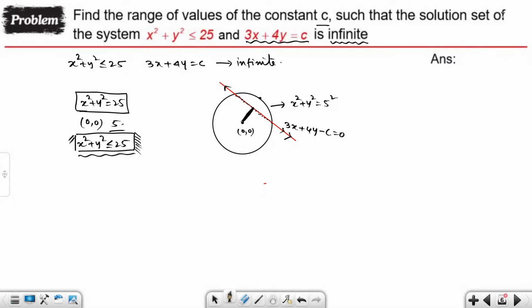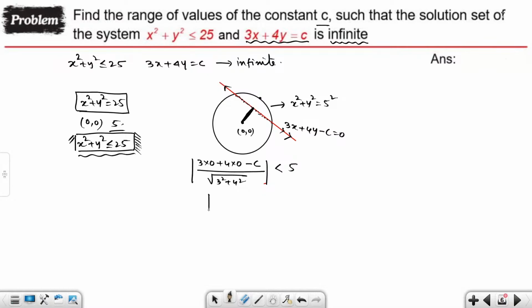So, what is the perpendicular distance drawn from the origin on this line? It will be 3 into 0 plus 4 into 0 minus c divided by root over 3 square plus 4 square. This is the perpendicular distance. And this has to be less than the radius of the circle, which is nothing but 5.